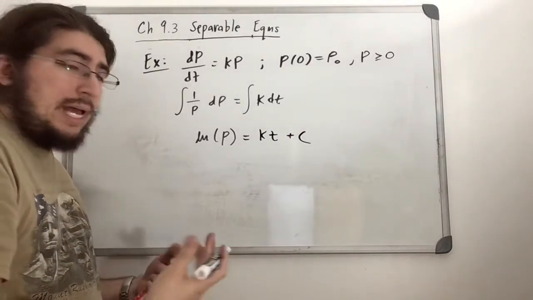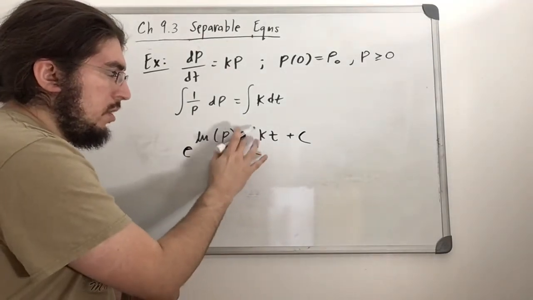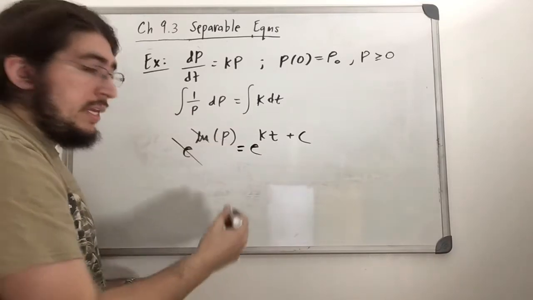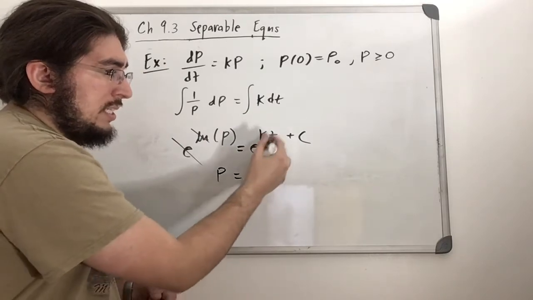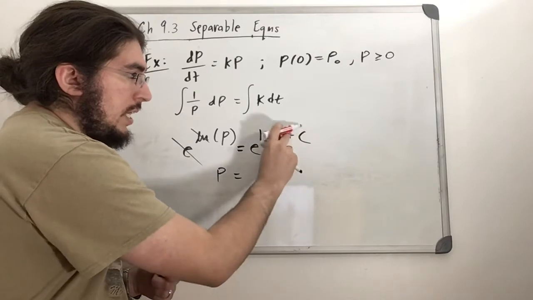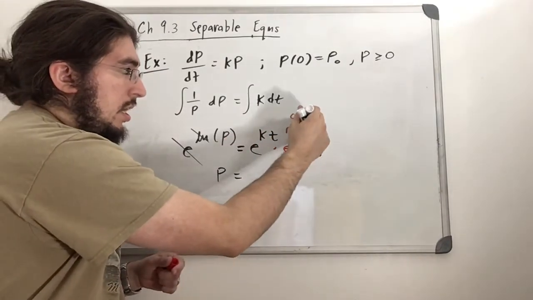Taking note of what we did in the last example, we take both sides of this equation as powers of e, and that gives us this. On the left, e and ln cancel, and you just get P. On the right, remember we can write this as e to the kt times e to the c, like this. And e to the c is just yet again a constant.